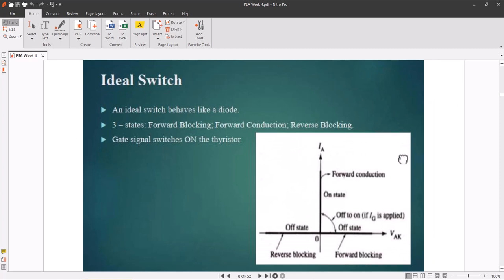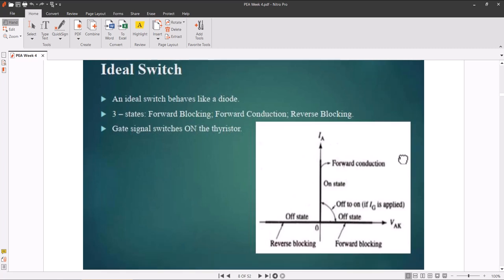An ideal switch behaves like a diode, and there are three states of the ideal switch: forward blocking, forward conduction and reverse blocking. Gate signal switches on the thyristor. So we can see that this is the ideal switch. If we apply the voltage, we get the current, the maximum current we can get from it. Similarly, if we apply a negative voltage, with the anode negative with respect to the cathode, it goes into the off state. This is reverse blocking, where the negative voltage is being applied.